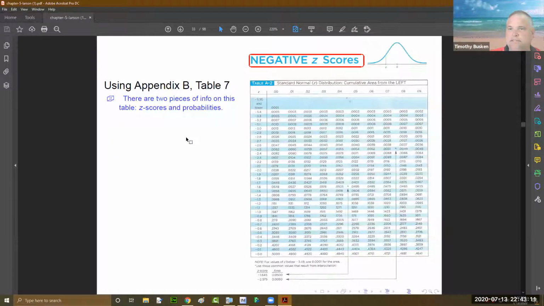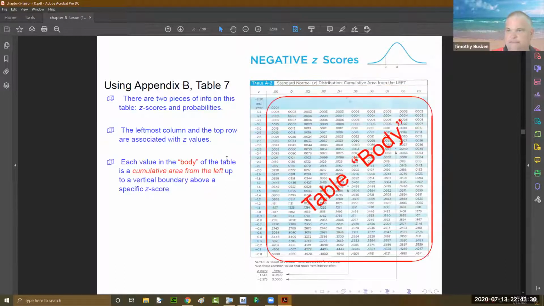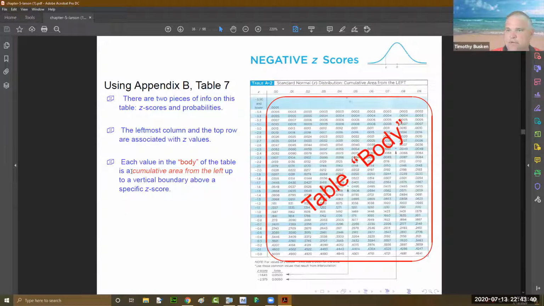There are always 2 pieces of information on the z-table: z-scores and probabilities. The leftmost column, highlighted here, and the top row of the table are associated with z-scores or z-values. Each number in the table body is a cumulative area from the left up to a specific boundary above a specific z-score.